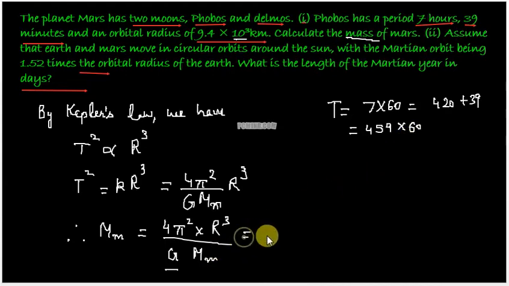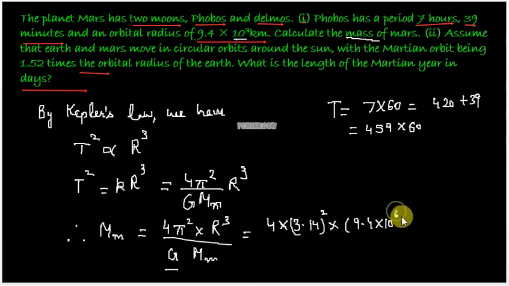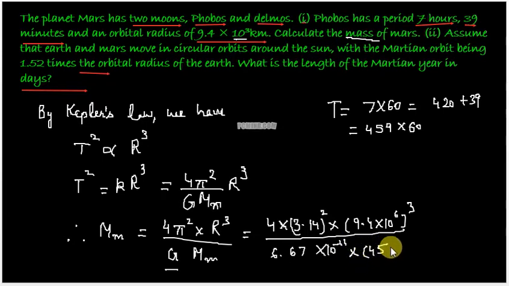Therefore the mass of Mars is 4 times pi square, that means 3.14 whole square, into r cube. R is given to be 9.4 × 10^3 kilometers, so 9.4 × 10^6 meters and whole cube, upon G. The value of the gravitational constant is 6.67 × 10^-11, times 459 into 60 seconds, and this whole square.